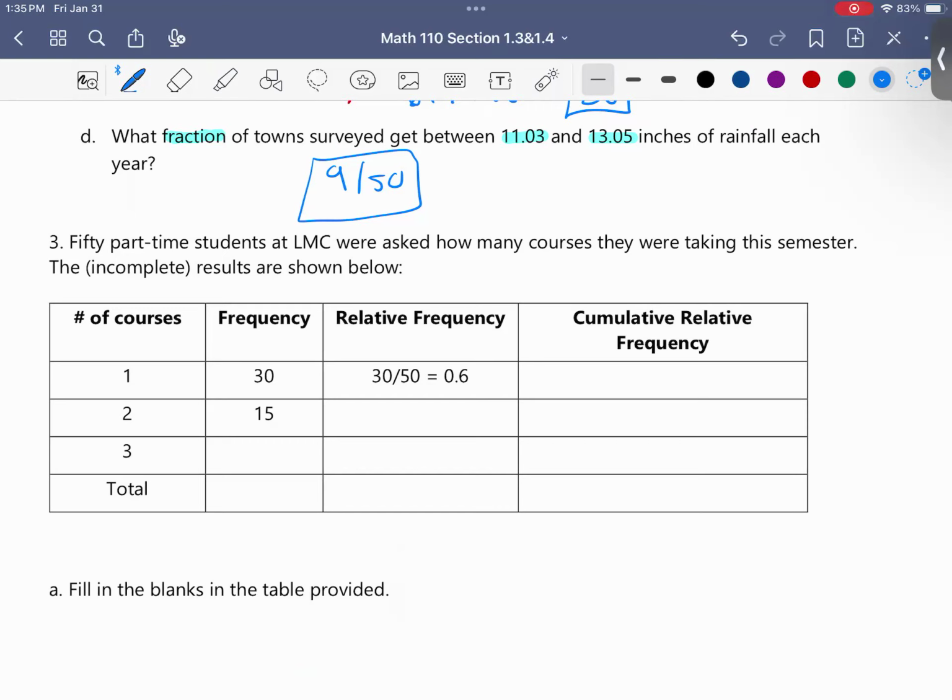So we know that we were asked about 50 students. So what I can identify already is that my total is going to be 50 students. And so if I'm already accounting for 30 and 15, 30 plus 15 is 45.